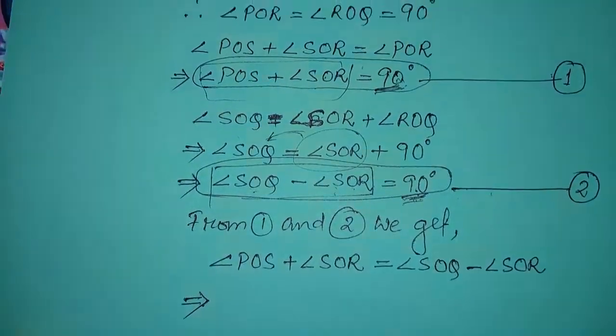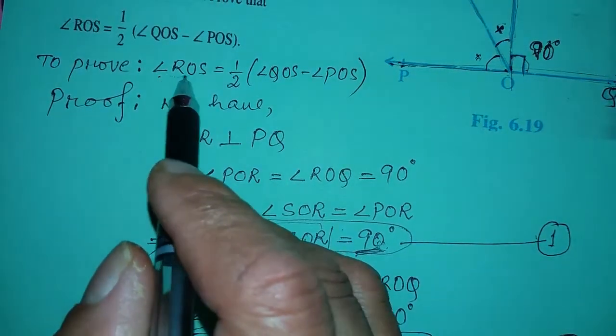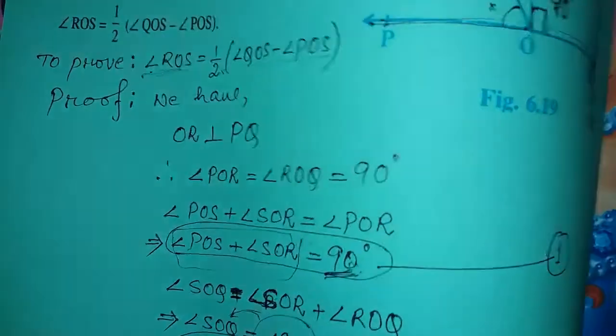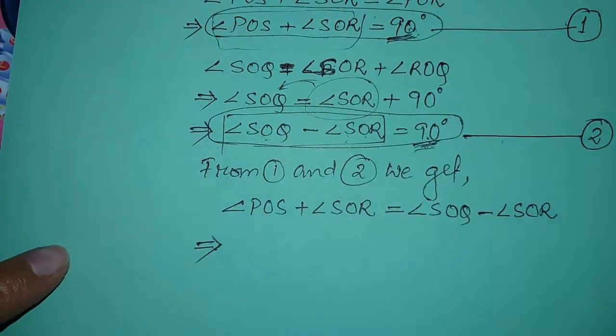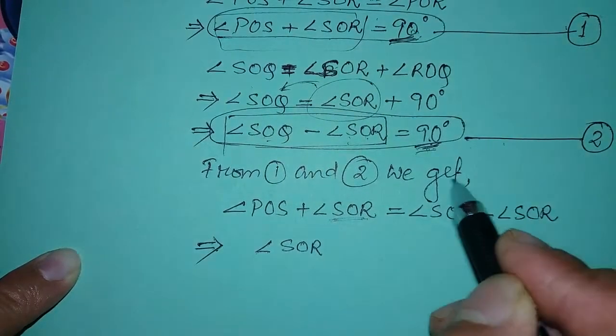Now here, to prove is angle ROS is equal to half of this. So in order to get that, let's transpose angle SOR to the left hand side.